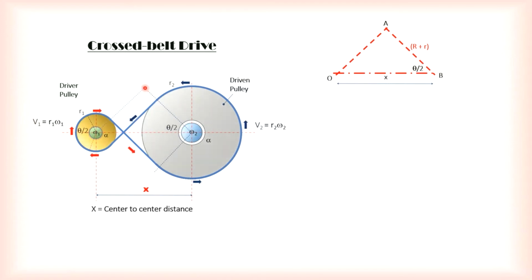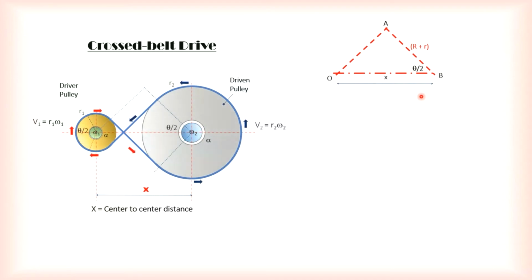This length here is radius R1, and this should be radius R2. So the total length should be R1 plus R2, with the length here as X, and this should be 90 degrees. This angle is theta over 2. This length is X, and this length here is R plus r.